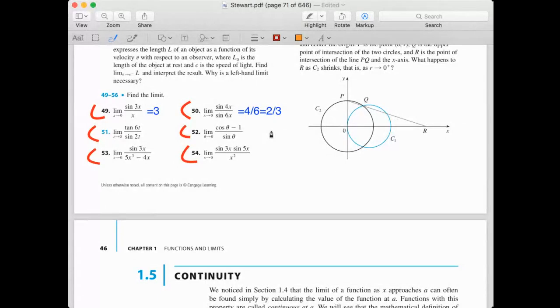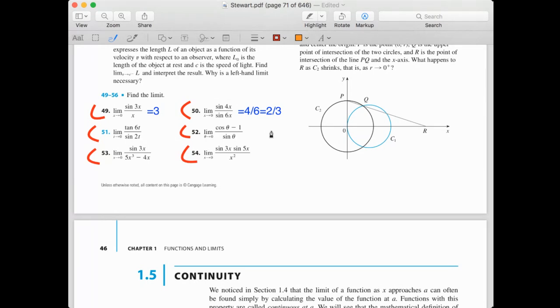Then if you fully simplify it, it's 2 over 3 times 1 to the negative 1 power. And then when you multiply all of those, you get 2.3.